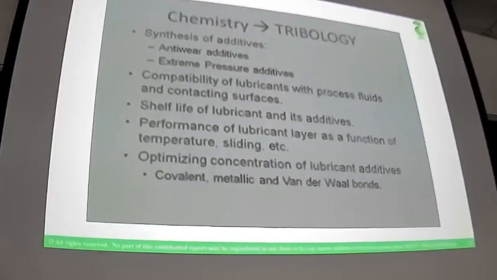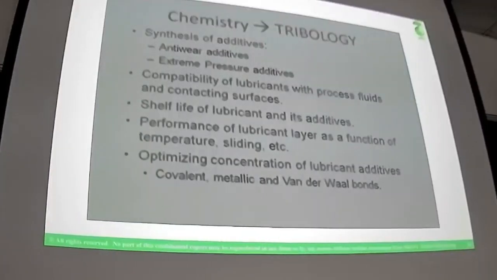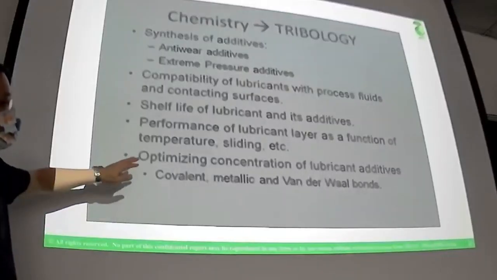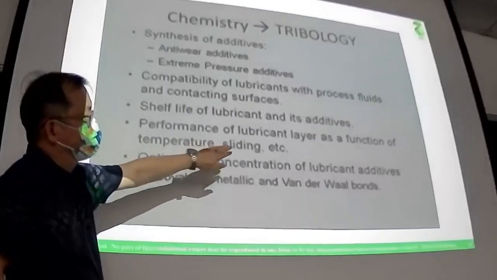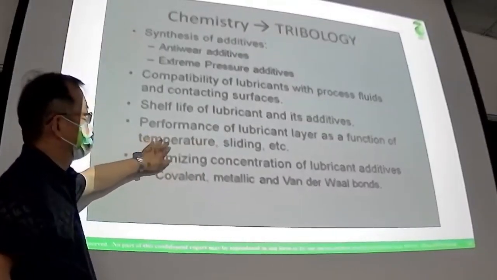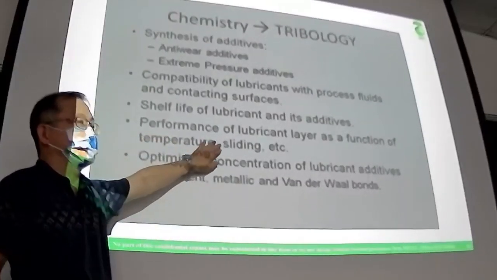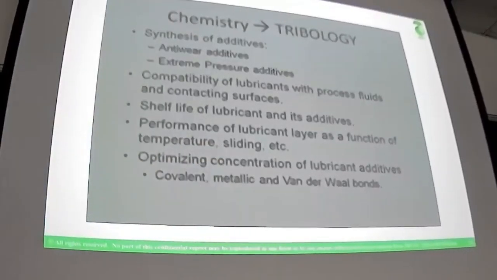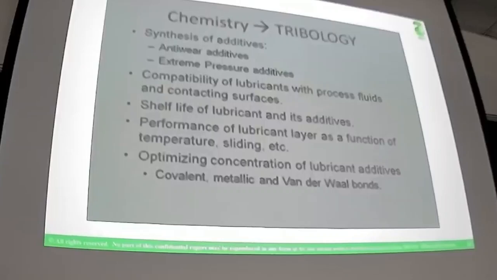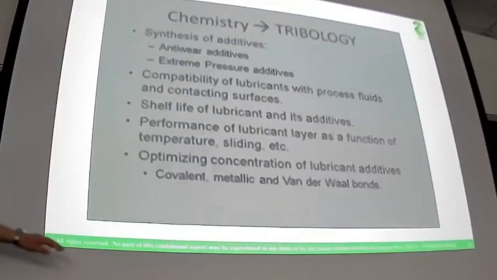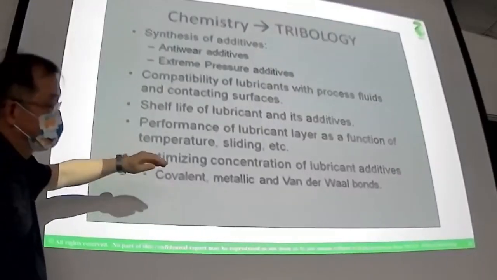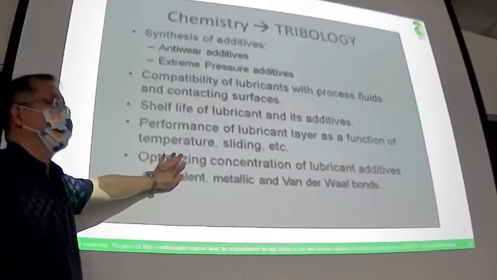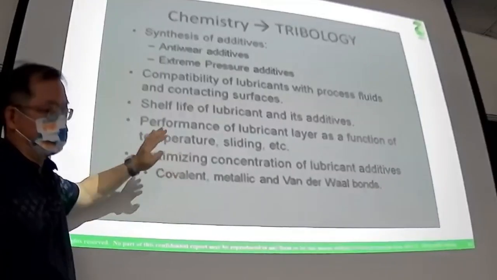Okay? And you need to consider different functional requirements, for instance as a function of temperature or sliding speed. Okay? So we have some optimized composition for your additives, or optimized concentration, for instance the percentage of the additives.